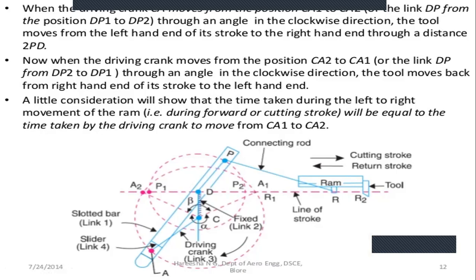A little consideration will show that the time taken during the left to right movement of the ram, that is the cutting stroke, will be equal to the time taken by the driving crank to move from CA1 to CA2, that is the larger crank.